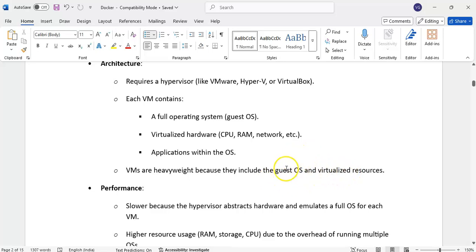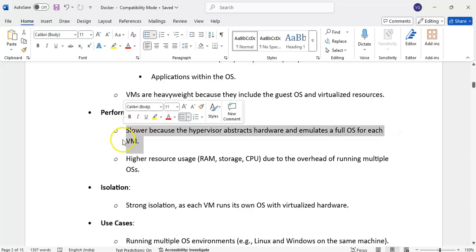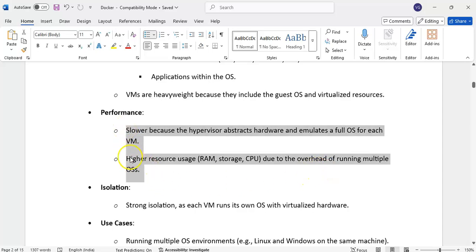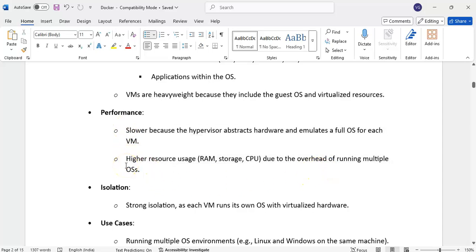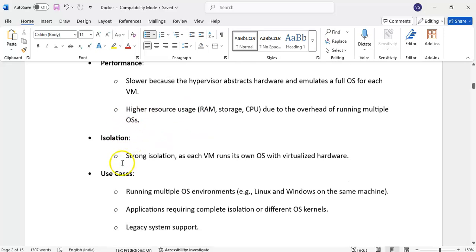Performance wise they are slower, because the hypervisor abstracts the hardware and emulates a full OS for each VM. There is higher resource usage due to the overhead of running multiple OS. Obviously, when you are running multiple OS in virtual machines, it will use higher resources.